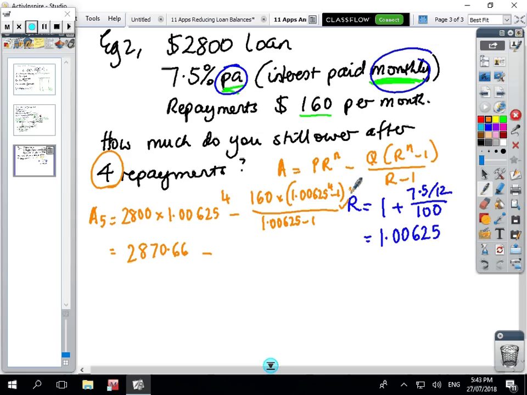That's stuffed up, so I have to start again. 160 times open bracket 1.00625 to the power of 4 minus 1 close bracket, divided by 0.00625. That looks good. That's $646.03.